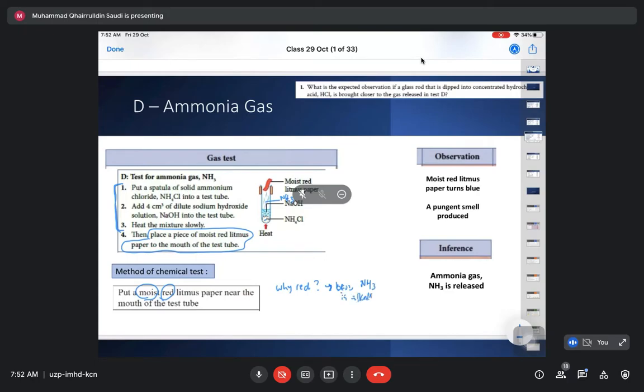Why moist? Why must we use moist litmus paper? Why can't we just use dry litmus paper? Because ammonia gas is not liquid.